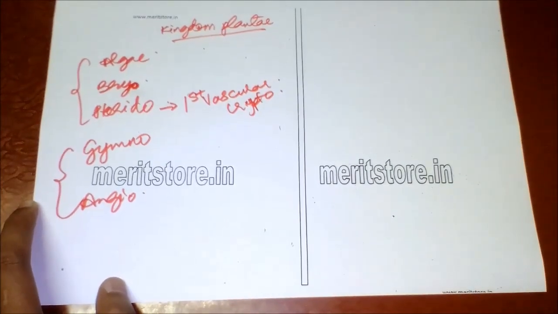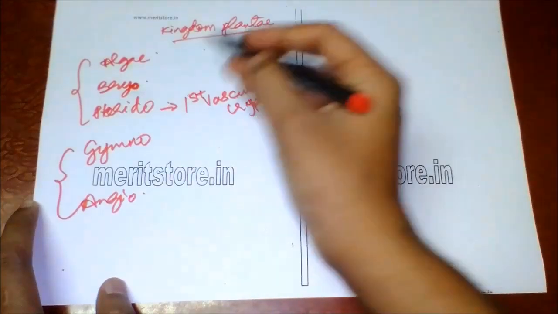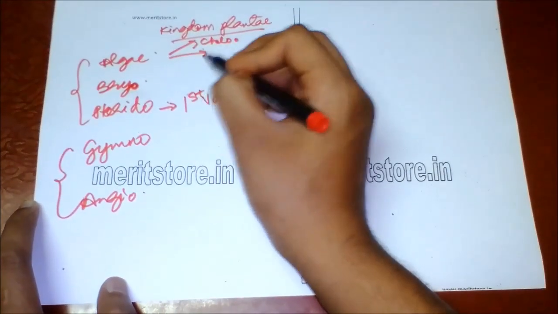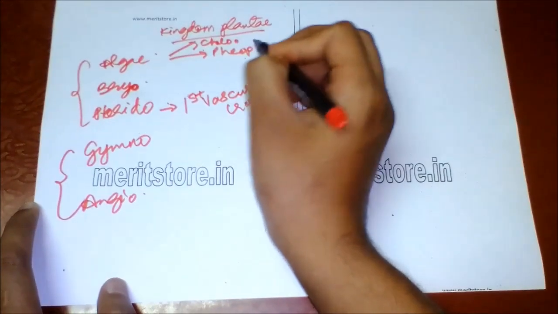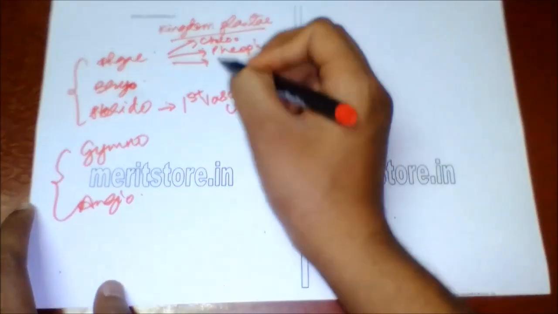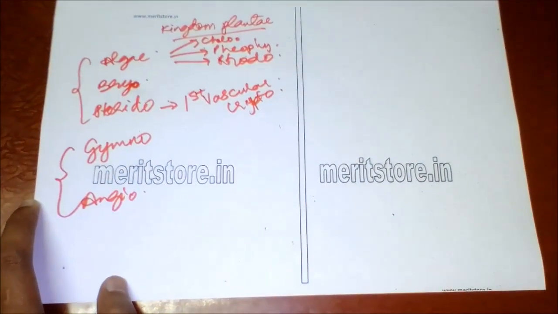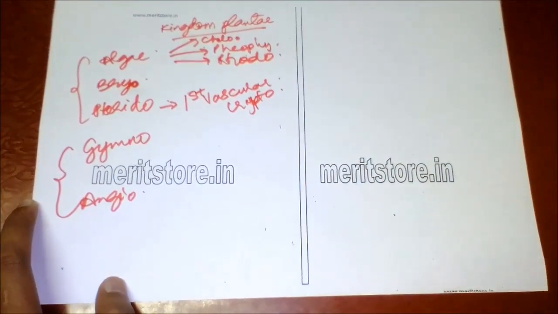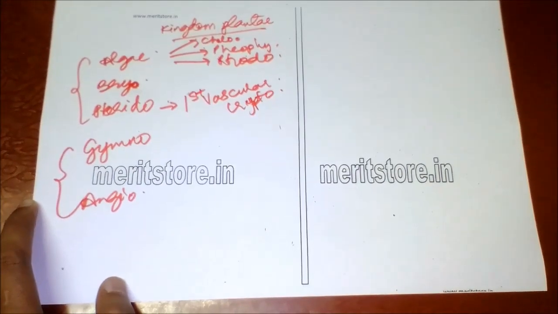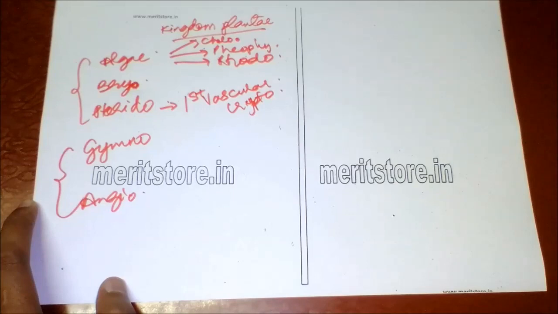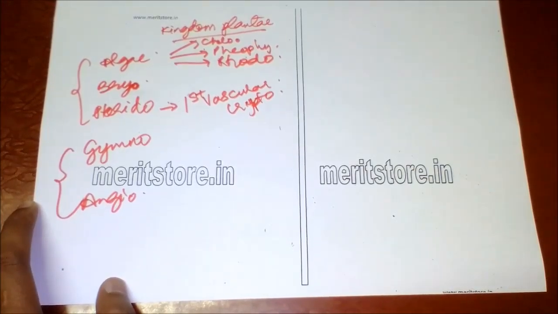So algae is divided into chlorophyceae, phaeophyceae and rhodophyceae. And examples of each you have to remember. Phaeophyceae is brown algae, chlorophyceae is the advanced one which is green algae, and rhodophyceae is found deepest, red algae. And then comes the bryophytes.